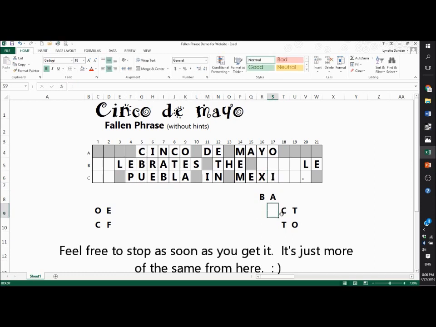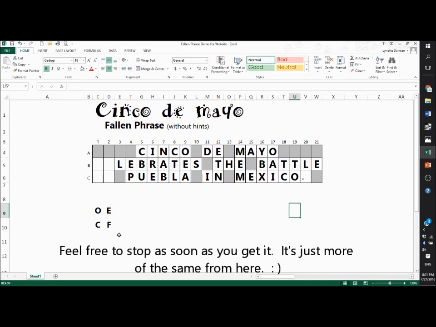I, C, O. I'm left with one letter in each of these columns, so I have B, A, T, T. I can delete all of these. And over here I have Cinco de Mayo, something, the battle.